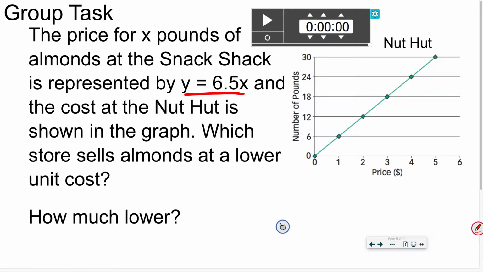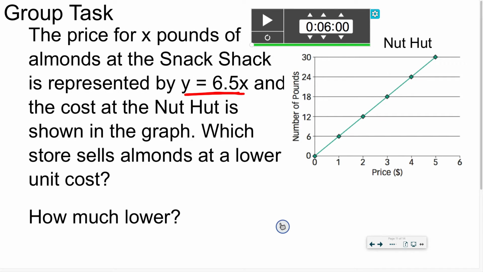So you are going to determine with the people that you are sitting next to, which store sells almonds at a lower unit cost, and how much lower. We're going to take 6 minutes. Don't assume. Show your relationships in a similar format so that you can prove that your justification is correct.